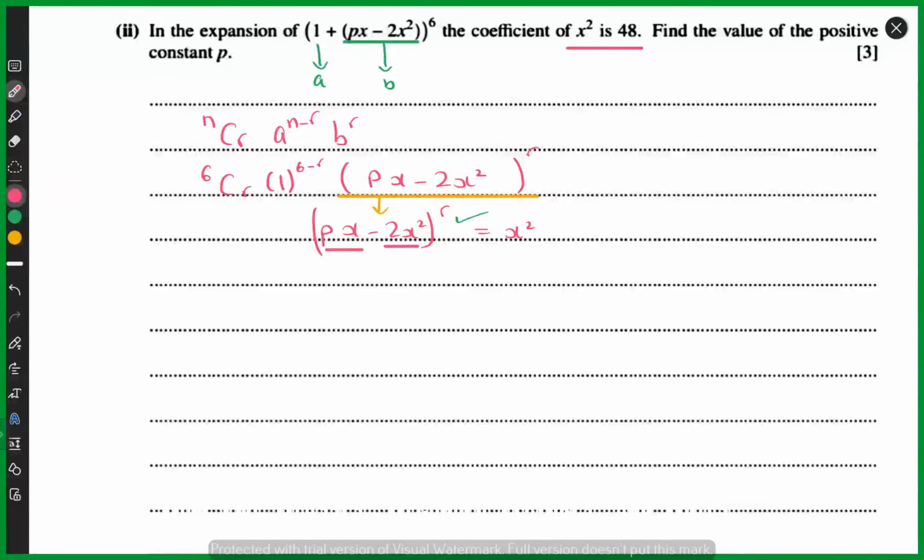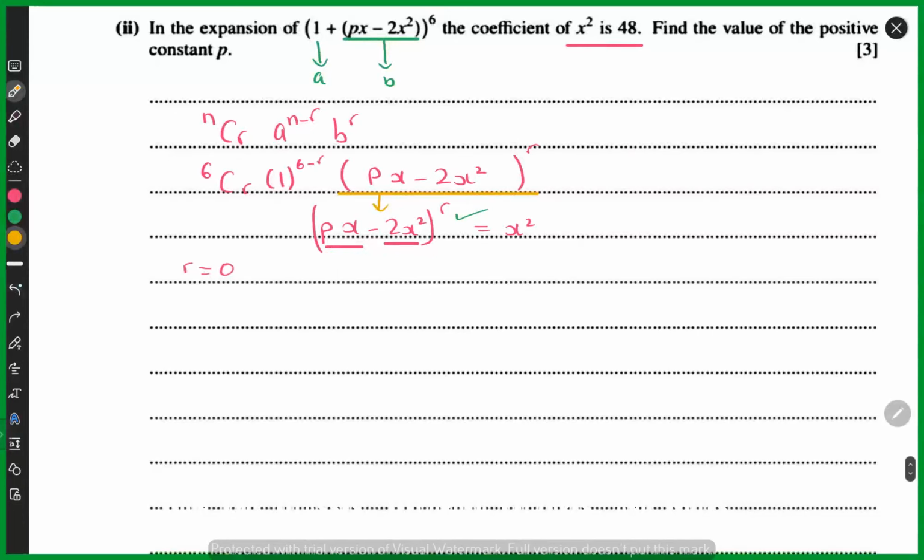Another way is that if you take r equals 0, r equals 3, and stuff like that, then you can also make comparisons. So if we take r equals 0, this entire thing is basically going to become 1, and we would not have an x term. So that is not the case.